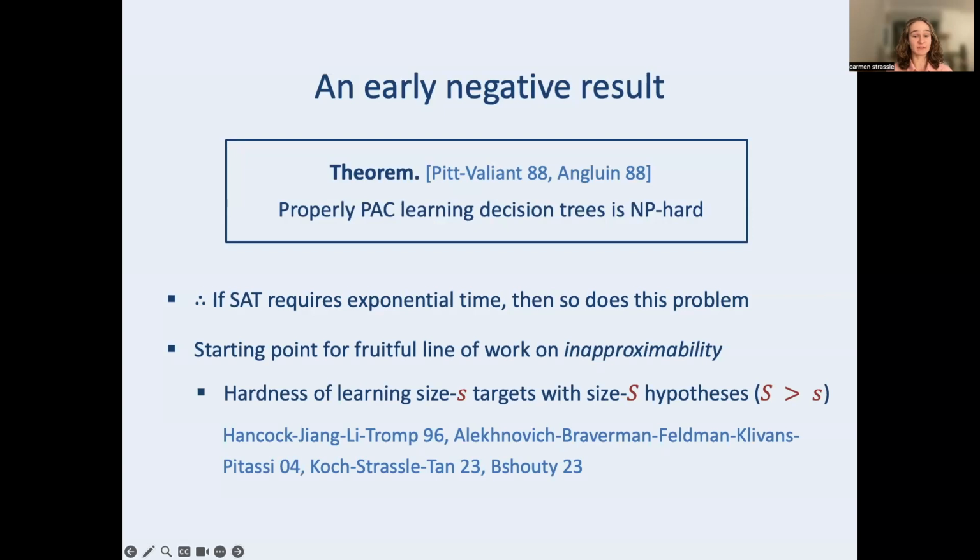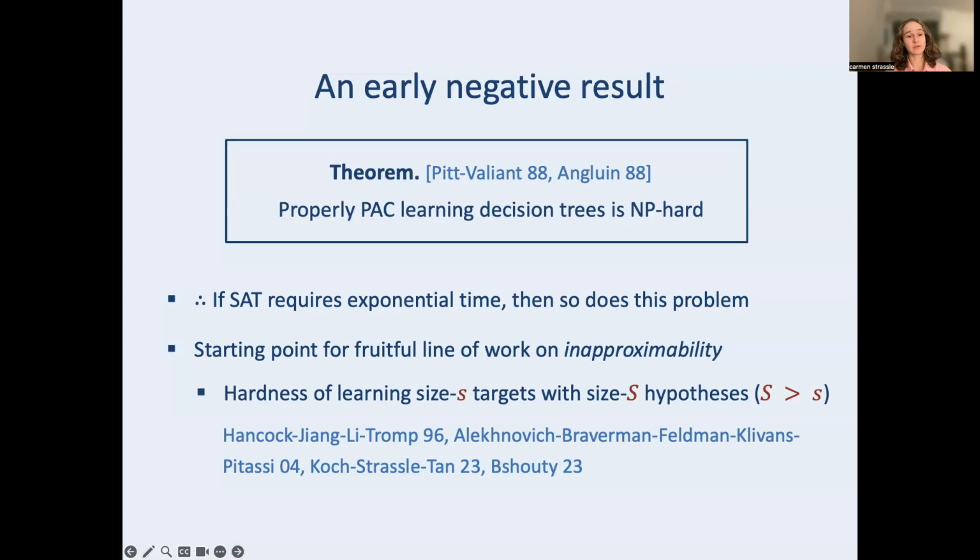This relaxation of the problem has led to a fruitful line of work, many papers, including one that I actually have with these same co-authors, Caleb and Li-Yang. So I'm happy to talk about that paper offline, but this is not the focus of this talk.